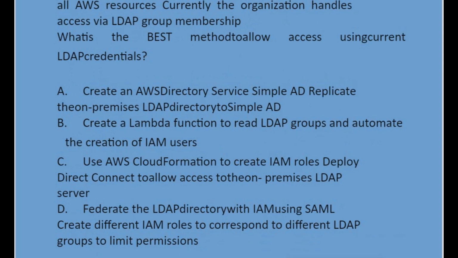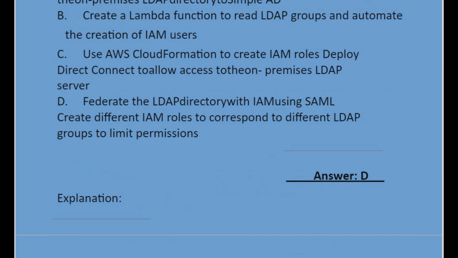Option C. Use AWS CloudFormation to create IAM roles, and deploy Direct Connect to allow access to the on-premises LDAP server. Option D. Federate the LDAP directory with IAM using SAML. Create different IAM roles to correspond to different LDAP groups to limit permissions. Correct answer is option D.